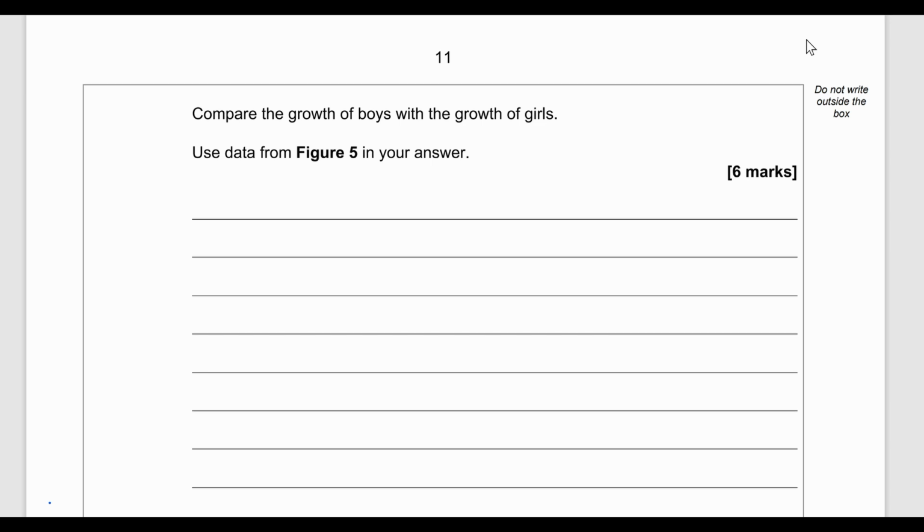Remember, the command word is compare, so we need to think about the similarities and the differences between what we see from the graph. And we have to use values from the graph also.